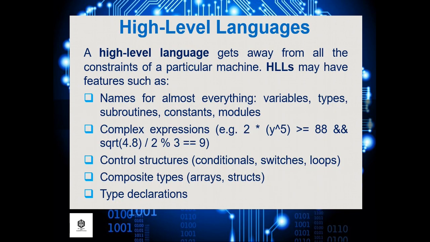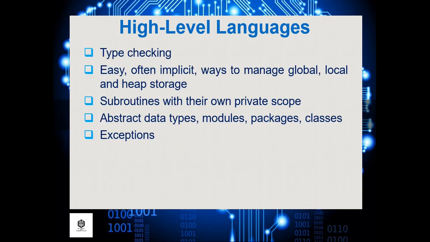Let's talk about high-level languages. A high-level language gets away from all the constraints of a particular machine. High-level languages may have features such as names for almost everything: variables, types, subroutines, constants, modules, and also complex expressions, control structures such as conditional switches or loops, composite types like arrays and structs, and type declarations.